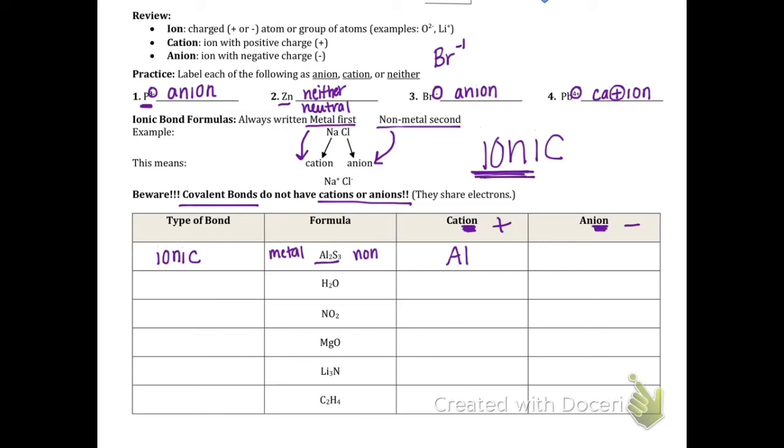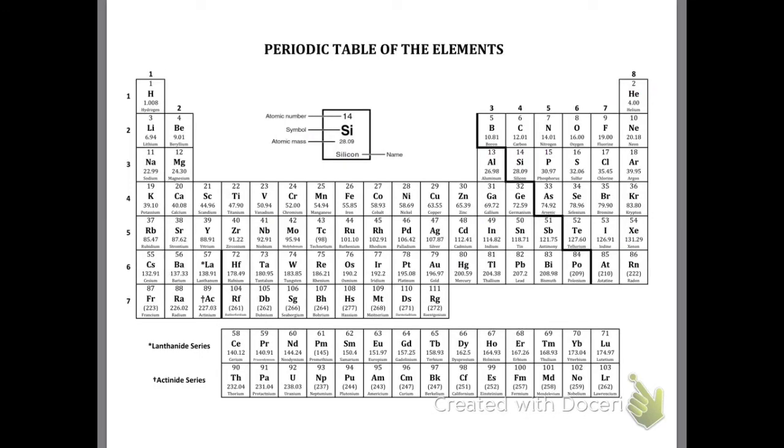And now you're going to look at your periodic table. Looking at a periodic table, aluminum is sitting right here. Aluminum has 3 valence electrons. Remember, everyone's goal is to get to 8. So the question is, should I gain 5 to get to 8, or should I lose 3?